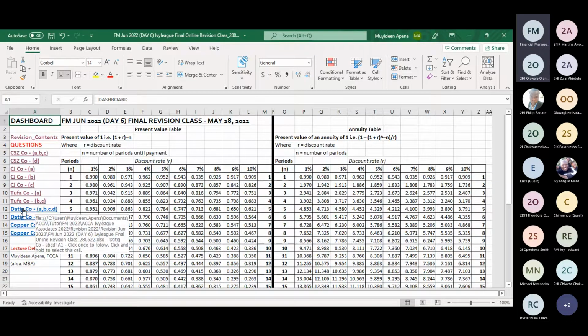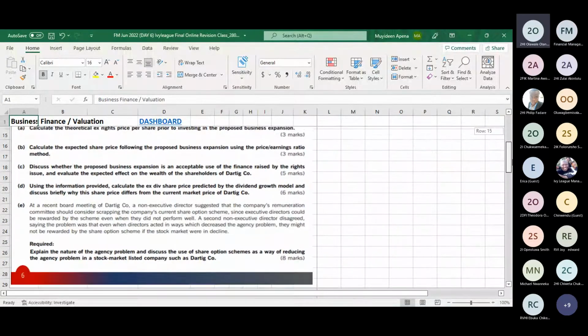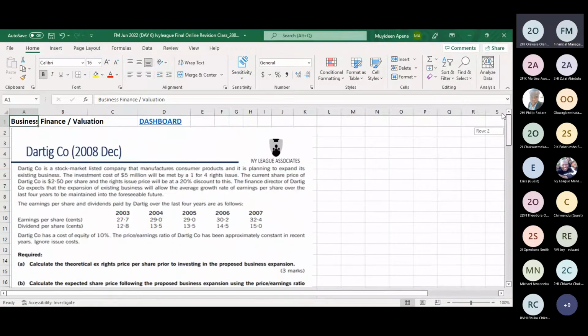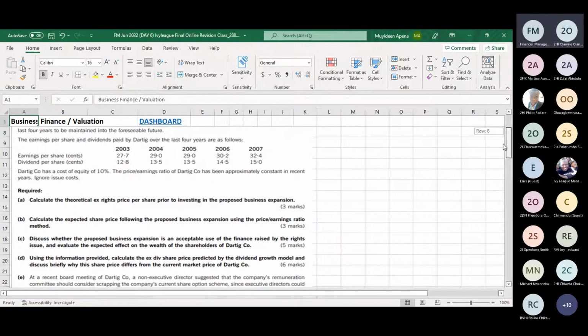Datiko is the next question. So this is also on business finance and valuation. So we have to calculate the theoretical ex-rights price per share prior to investing in the proposed business expansion. Just 3 marks for you, so you don't need to waste time here.